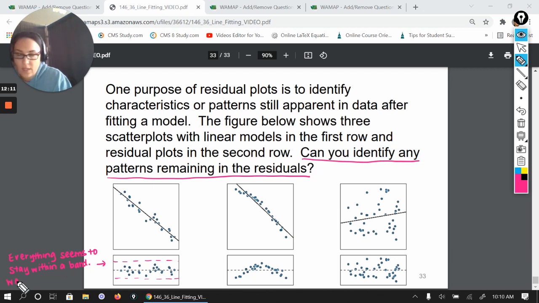So we say that there is no pattern in the residual plot, which is a good thing.